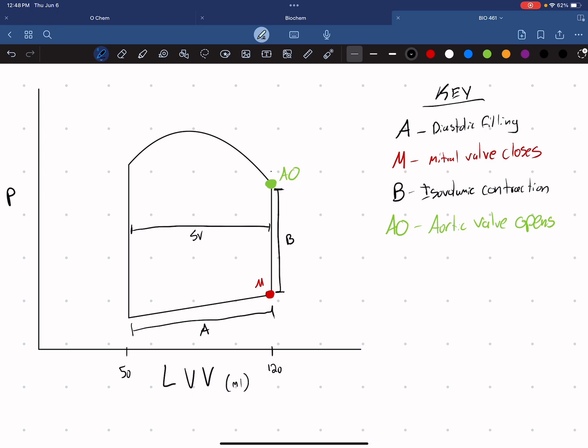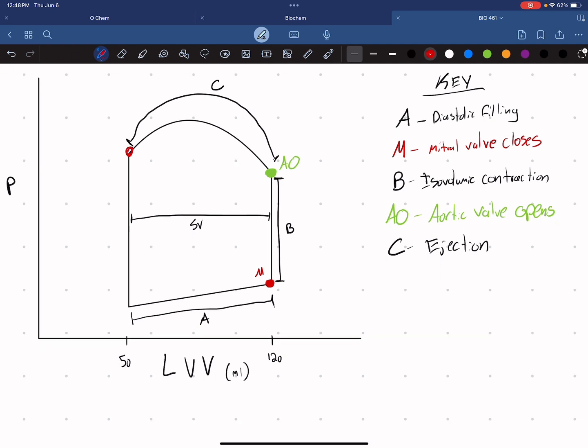Now this section from AO all the way here will be labeled as C, and we will call this the ejection section. This is what happens when the volume of the ventricles starts to go down as the blood is leaving the ventricles going into the aorta. As we know, AO is where the aortic valve opens, so the blood going from the ventricles to the aorta is what's happening in this ejection section labeled C.